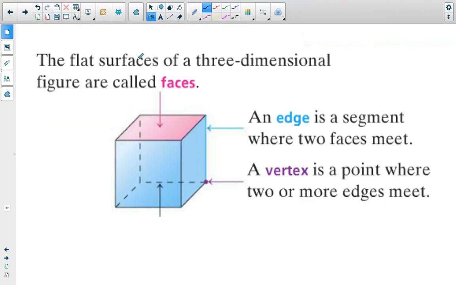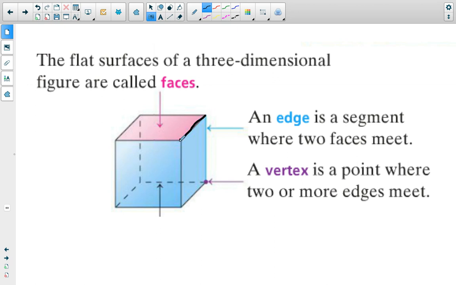So now let's talk about the different parts. That's why we had you draw it, so you can label it. Each one of the squares on the cube is called a face. So this is a face, face, face. We have 6 faces on a cube. Where 2 faces come together, like right here, that is called an edge.